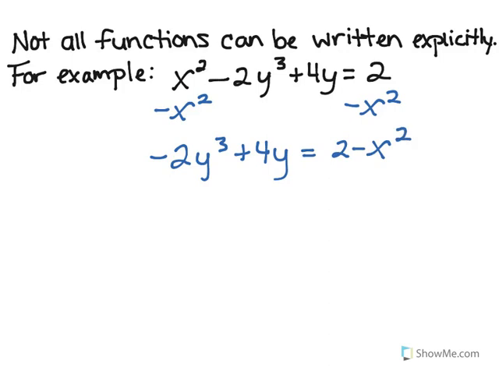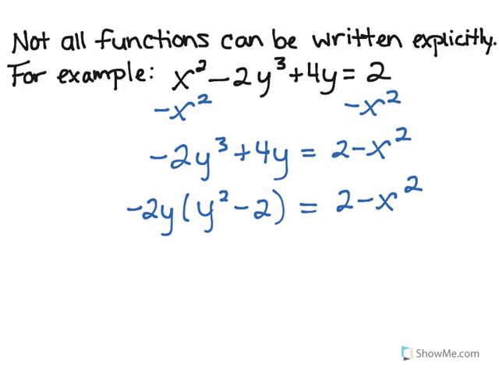And then if you were trying to get the y by itself, the only thing I can think to do with the left-hand side is factor. So I'm going to factor out the GCF, in this case negative 2y. That leaves me with y squared minus 2. And then the right-hand side is unchanged, 2 minus x squared.